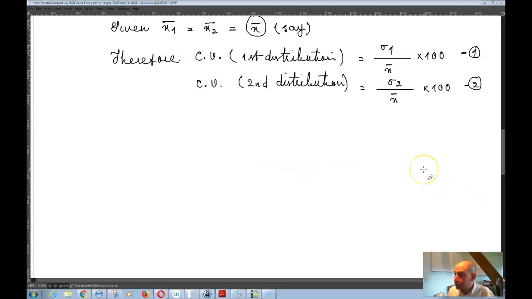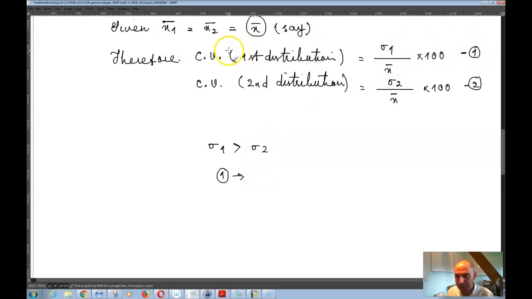It says that thus we say that for two series with equal means, the series with greater standard deviation is called more variable or dispersed than the other. If sigma 1 is greater than sigma 2, then you call the first one more variable or dispersed than the other, because sigma 1 is greater than sigma 2.